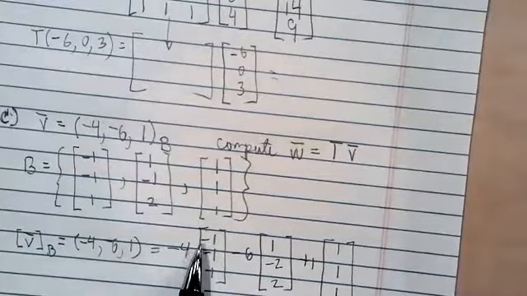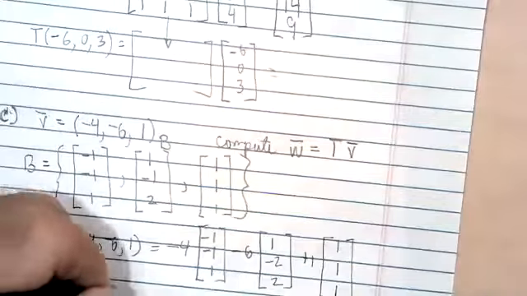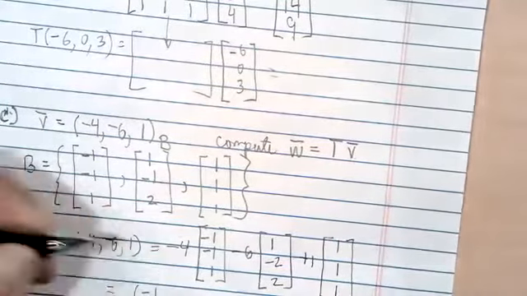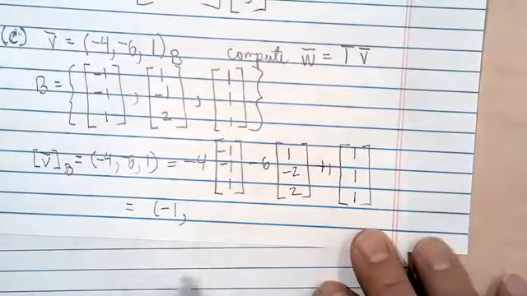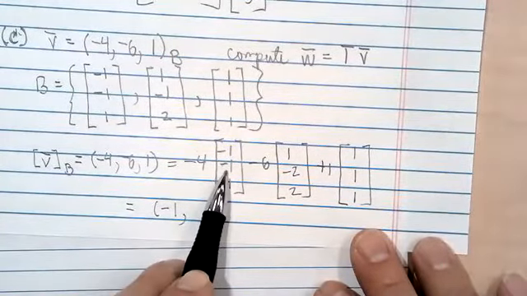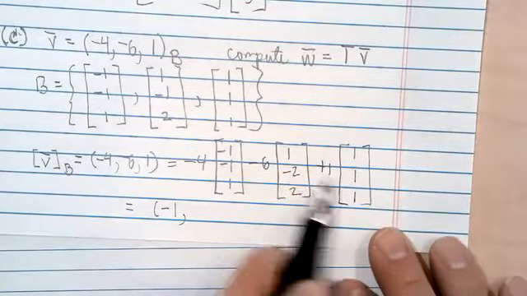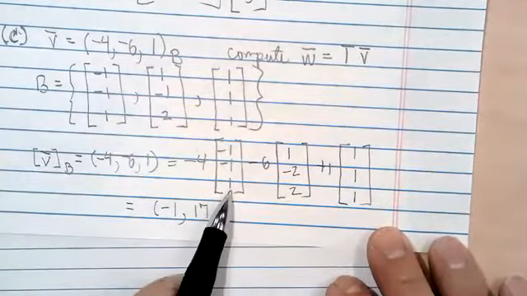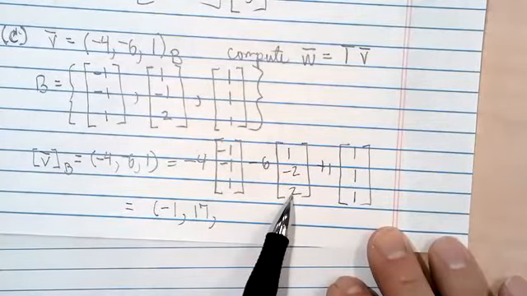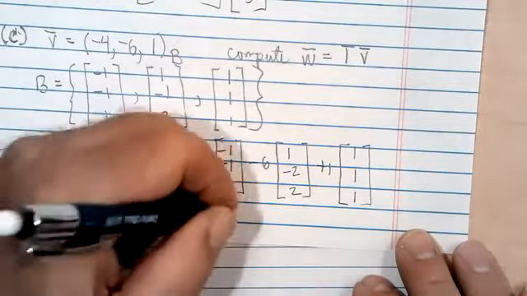And if you add these all up, what do we get? We get 4 - 6, that's -2, plus 1, -1. And I'm switching to horizontal format only because I'm on paper here. 4 plus 12, 16, plus 1, 17. And -4, -12, -16, plus 1, -15.